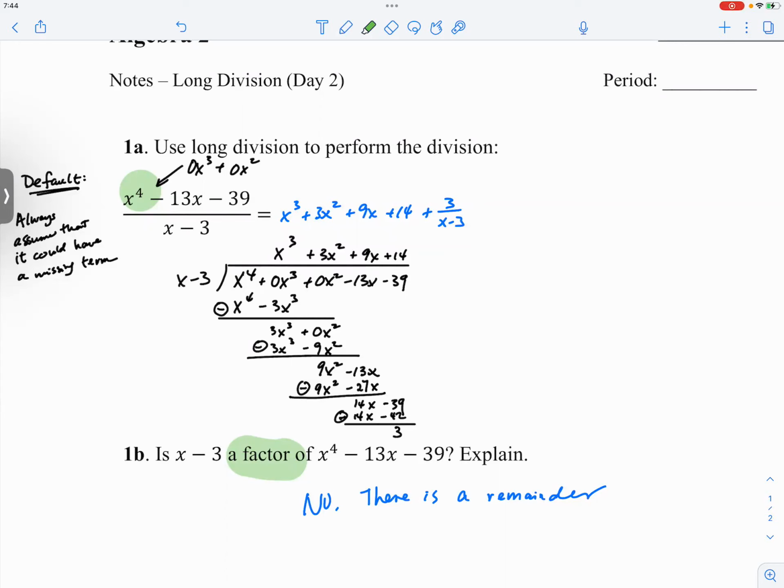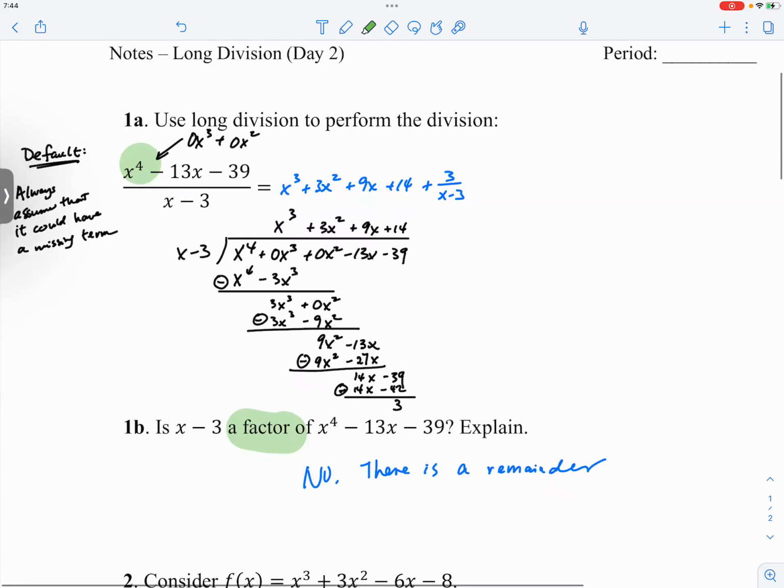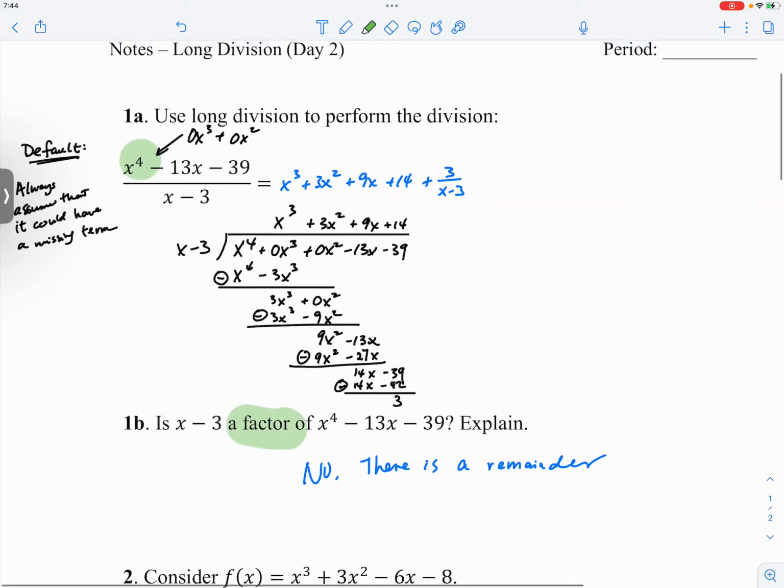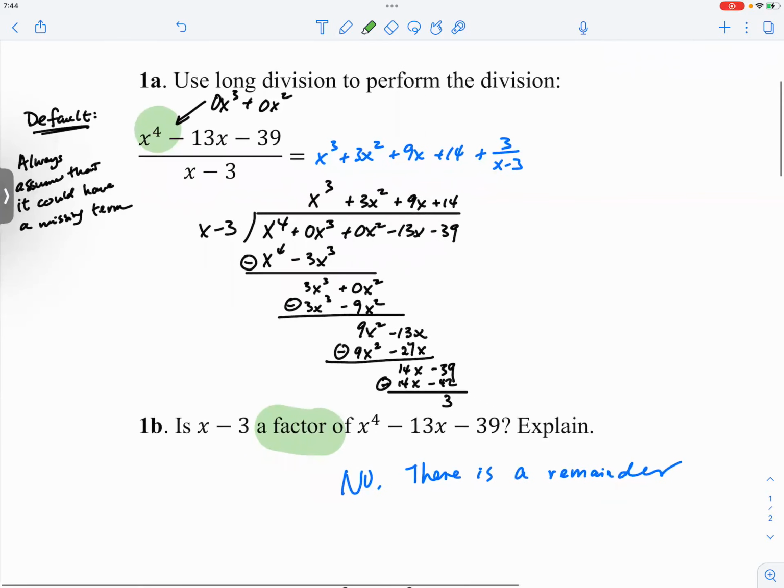Okay. If it's a factor, there should be no remainder. And in other words, if there's a remainder, it is not a factor. Okay. Learn how to say it. And it takes time. It takes time to kick in. I hope you can understand this meaning faster than I did when I was a kid.